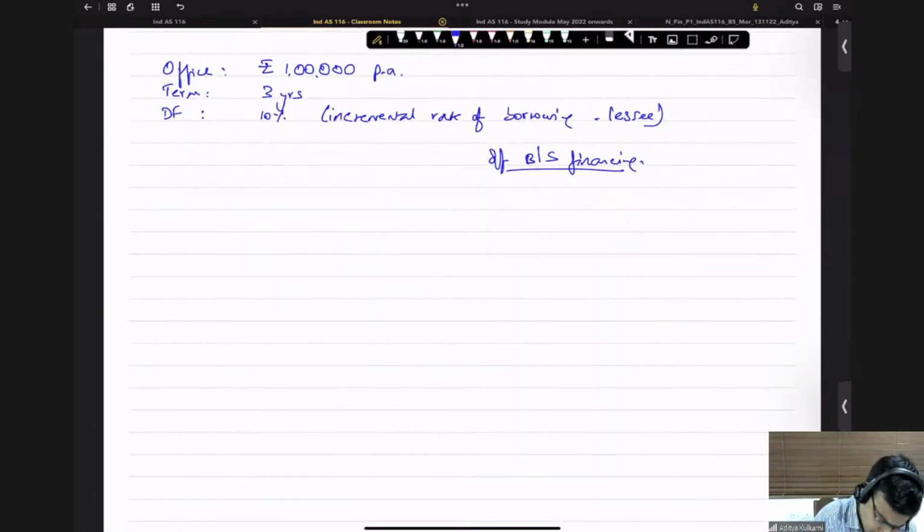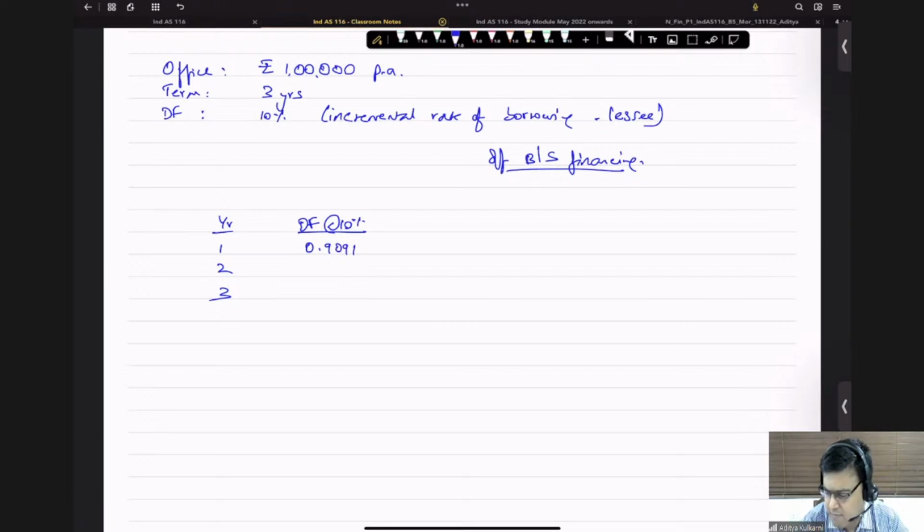So therefore, we have year 1, 2, 3. The discounting factor at the rate of 10% will be 0.9091. Then I suppose it is going to be 0.8264, and the last one will be 0.7513.